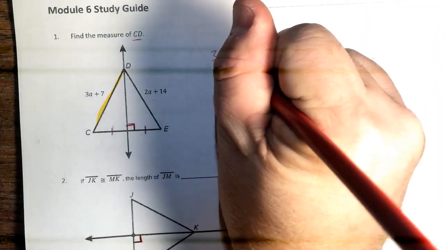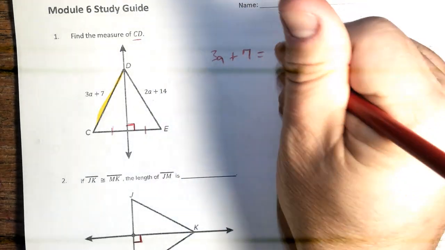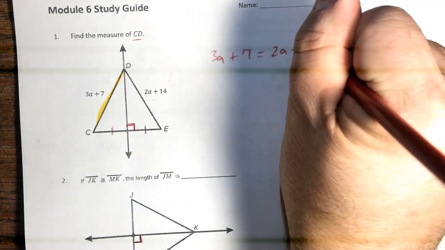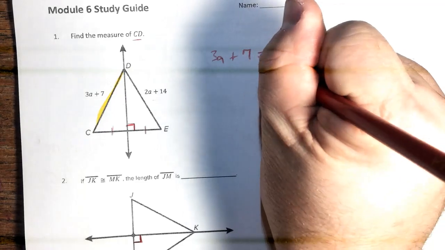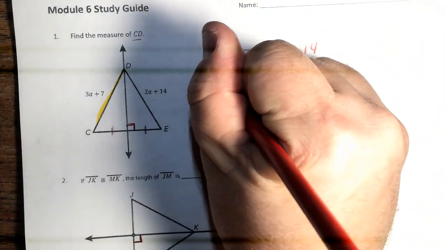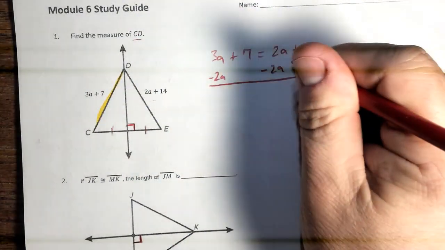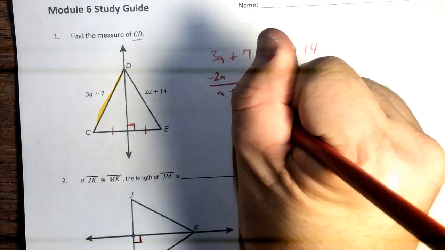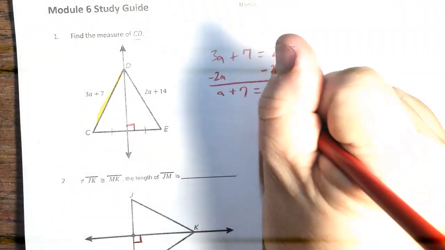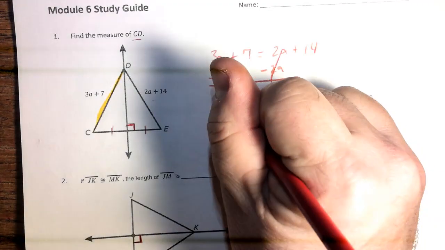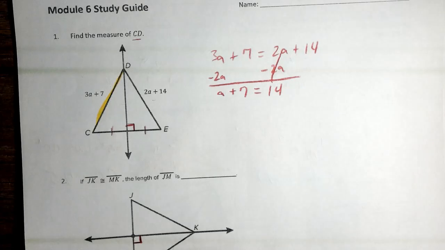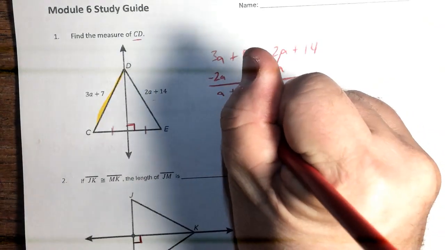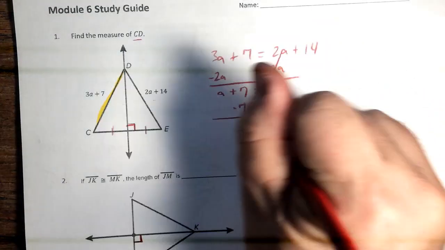So we have 3A plus 7 is equal to 2A plus 14. We're going to subtract 2A. I always start with the smaller of the two variables. I say this because I've talked with some of you guys in class about trying to get better at our algebra skills. Subtract 7 from both sides.